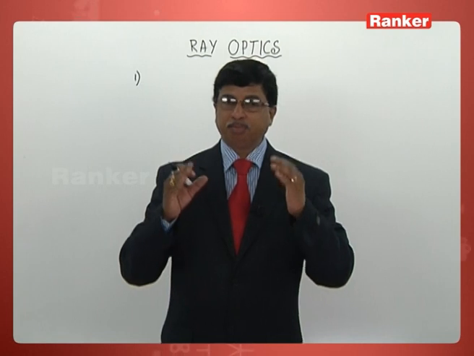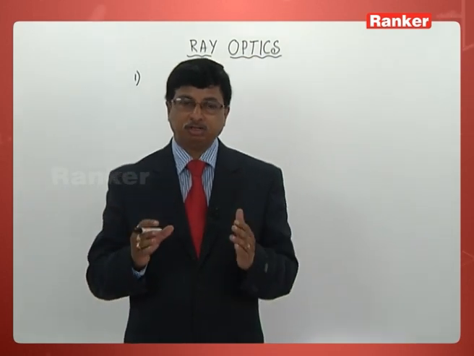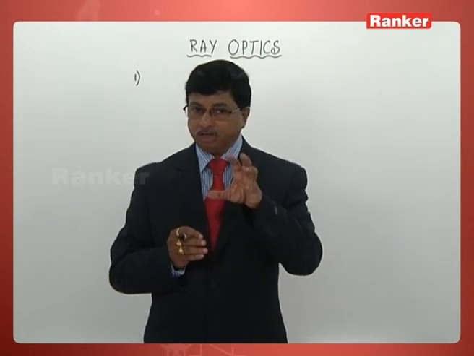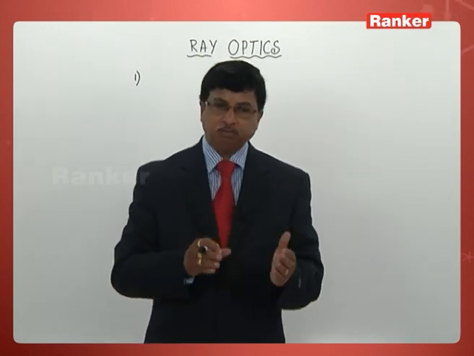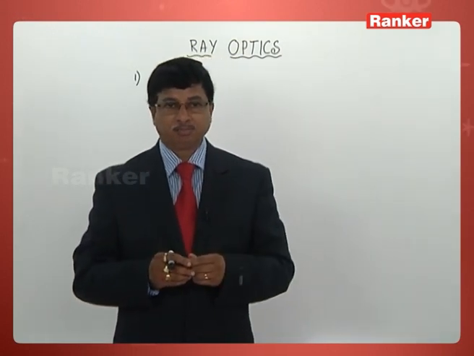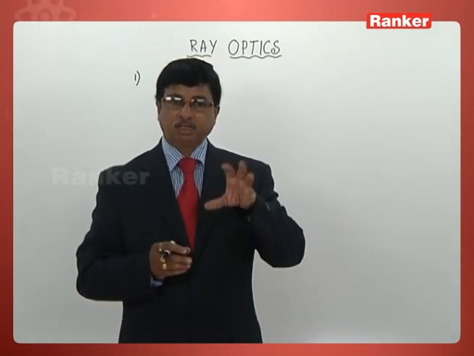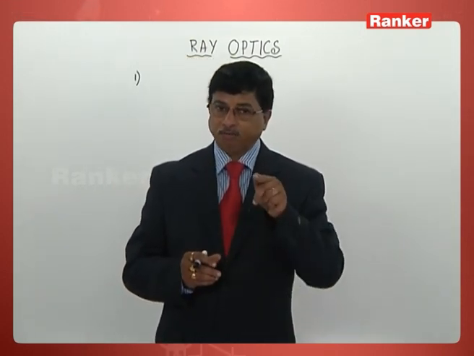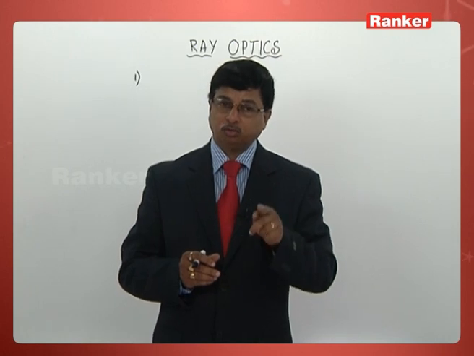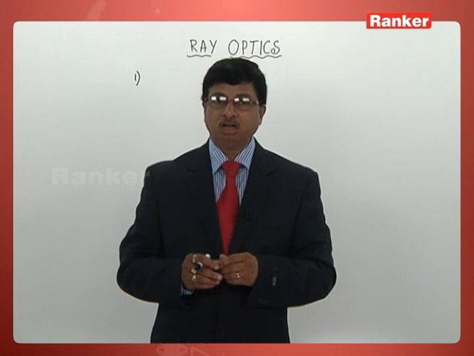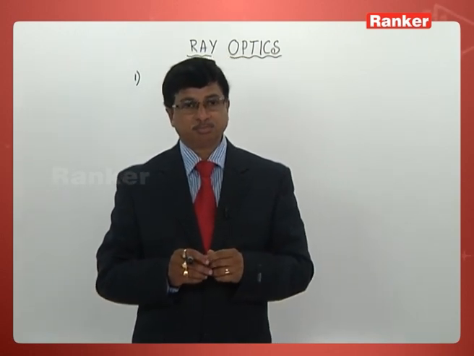Therefore, one should be perfect with this convention we are following in this topic. If you are perfect with this convention, the same convention will be repeated even in the case of lenses as well. The method of taking the convention is the same. At that time, in the case of refraction of light through lenses, the points are going to be much easier for all of you to remember.